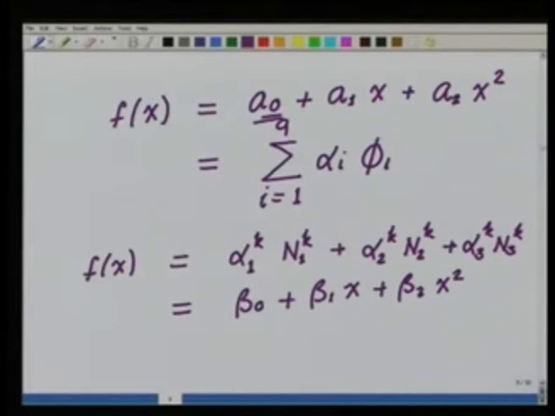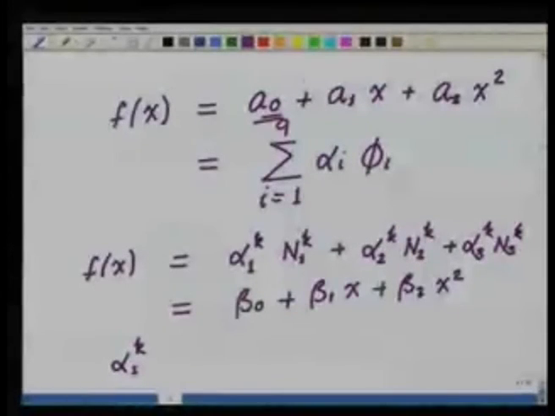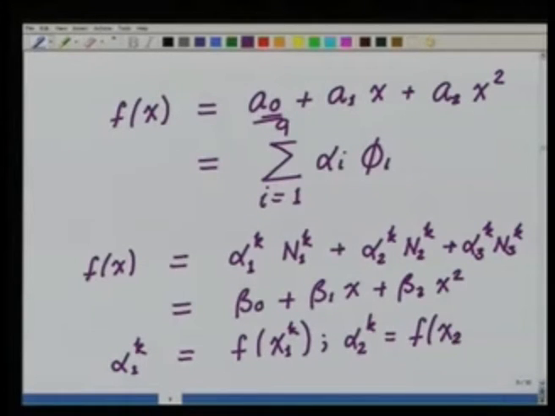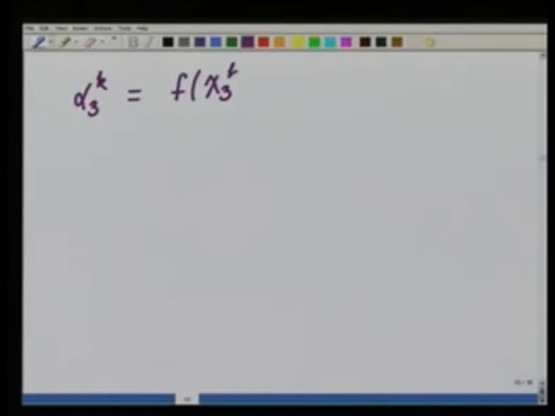Now, by the way these functions have been defined, what will alpha 1 of k be? Alpha 1 of k will be equal to f evaluated at the point x1 of k. Alpha 2 of k will be equal to f evaluated at x2 of k. Alpha 3 of element k will be equal to f evaluated at x3 of k.